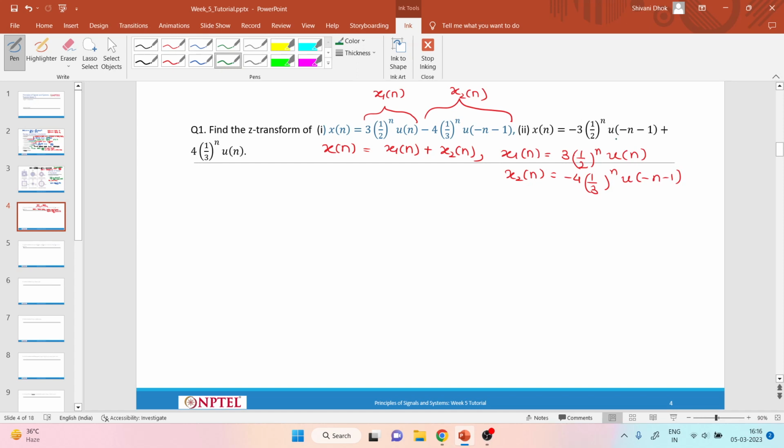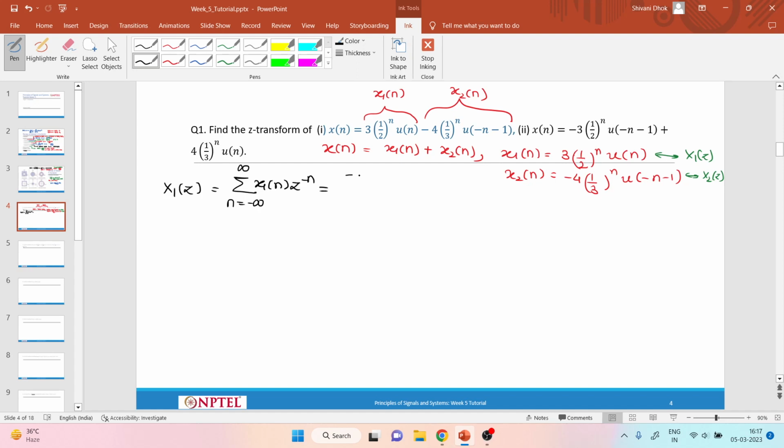And let's say this x1 of n has Z transform X1 of z, and this x2 of n has Z transform X2 of z. So let us first find out what is X1 of z. For that, X1 of z is equal to summation n running from minus infinity to infinity x1 of n z power minus n.